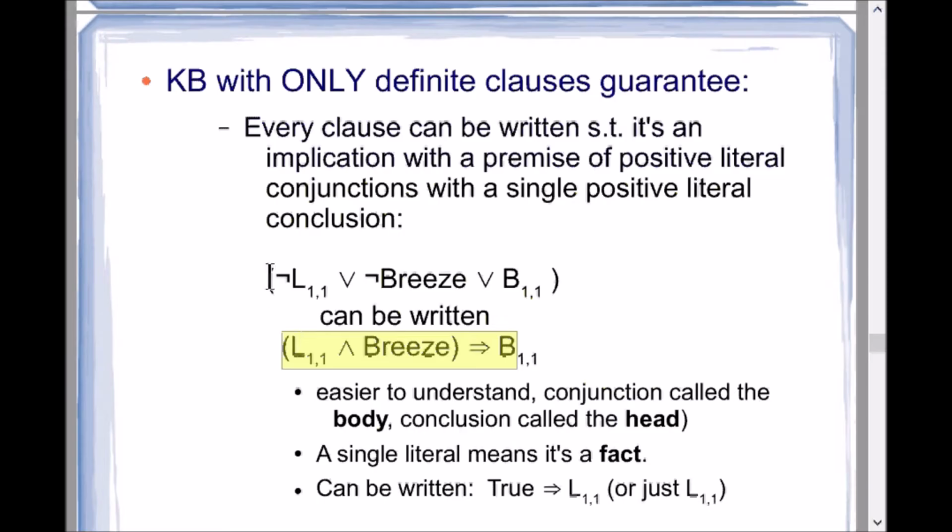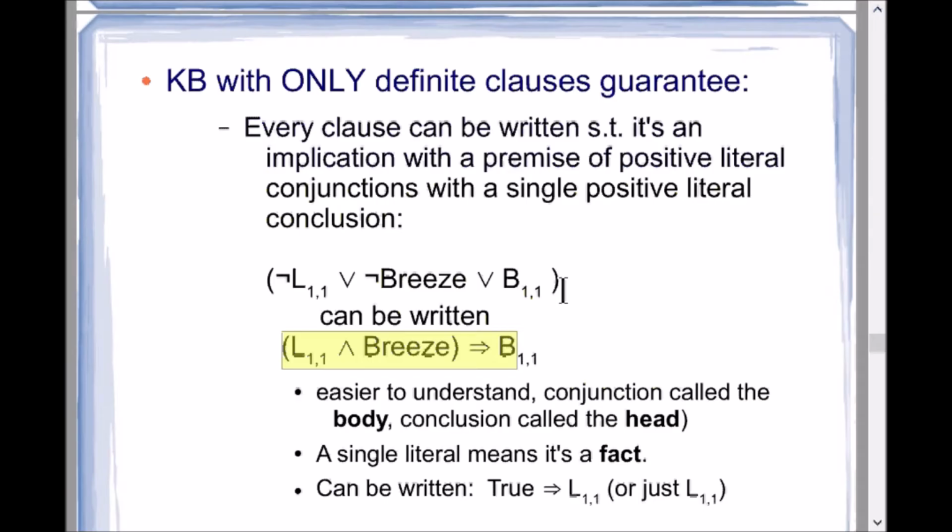Compare that to the previous clause: nobody in location 1,1, or there's not a breeze there, or it's breezy. What? That's a little more complicated. If we rewrite it in the implication form, it becomes pretty easy to see what's going on and what it means.